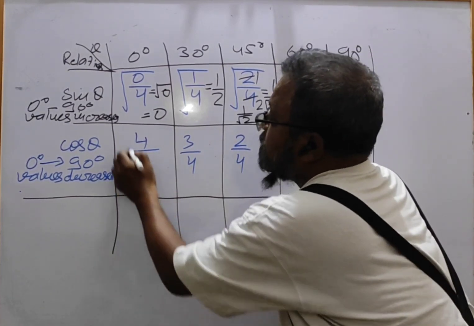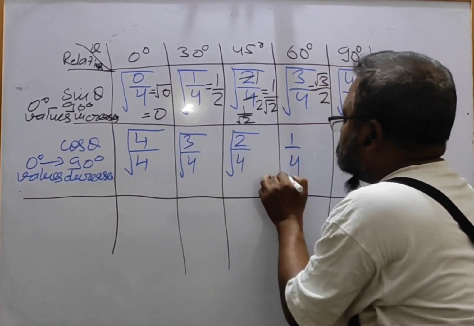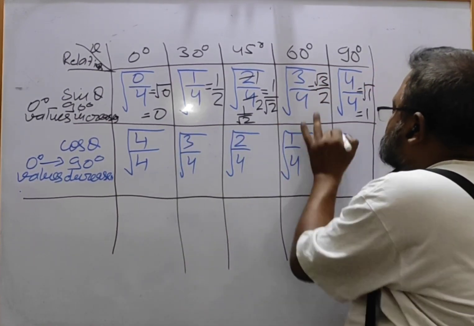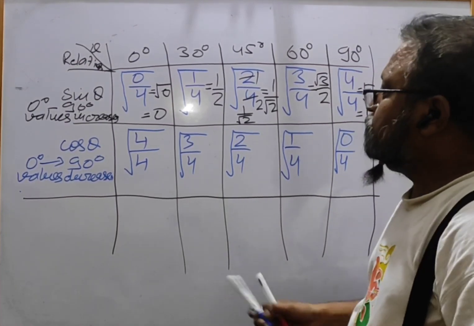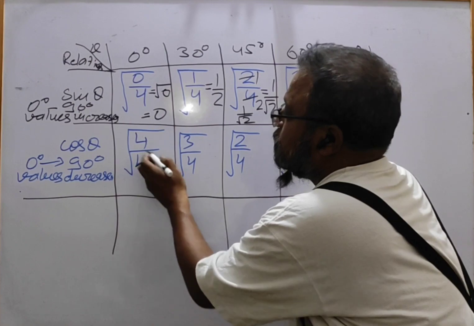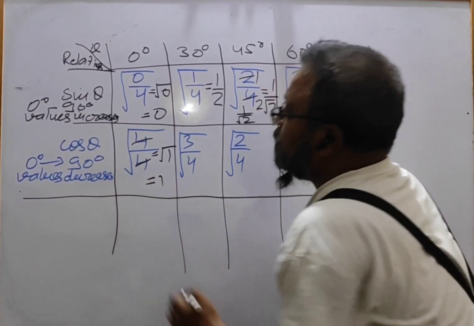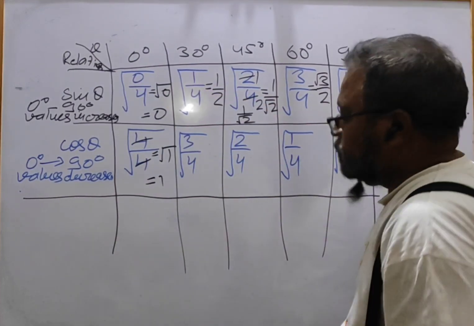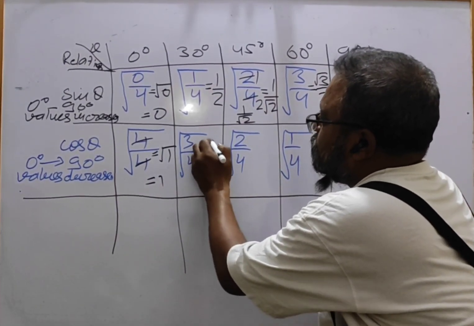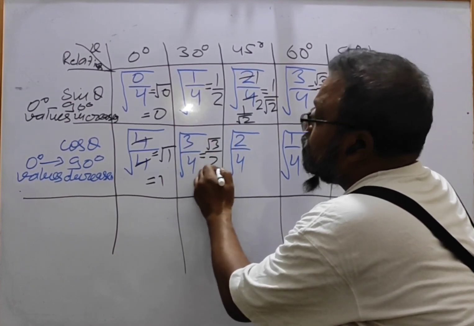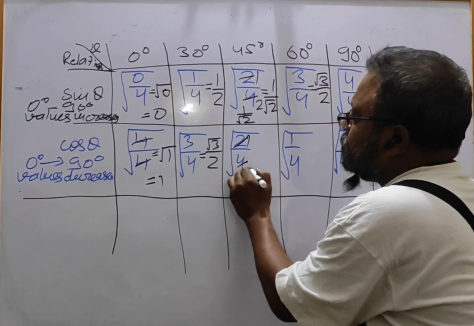We are taking square root of all this. So what you get? This is 1. So square root of 1 is equal to 1. So cos 0 is 1. This is root 3 by 2. So cos 30 is root 3 by 2. 2 1 is 2, 2 2 is 4.